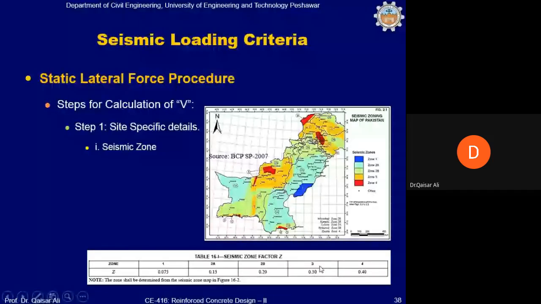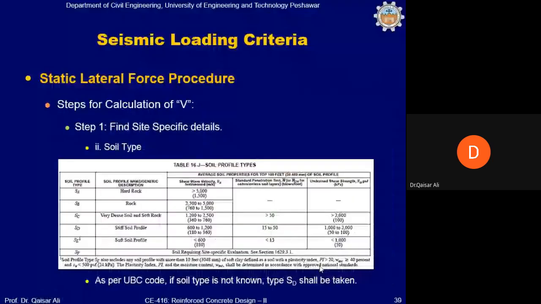Soil type. There are 5 types of soil, SA to SE. There is a special SF type, but generally the soil types are SA to SE. SA is hard rock, SB is rock, SC is very dense soil, SD is stiff soil profile, and SE is a soft soil profile, with different parameters. The shear wave velocity is given in this column.